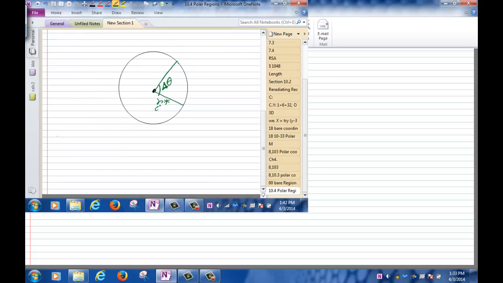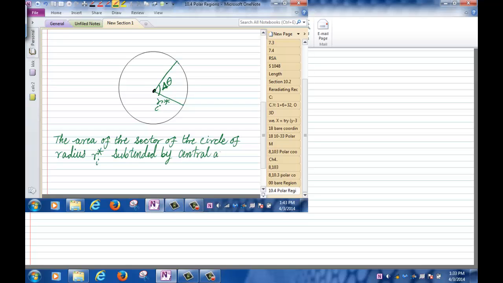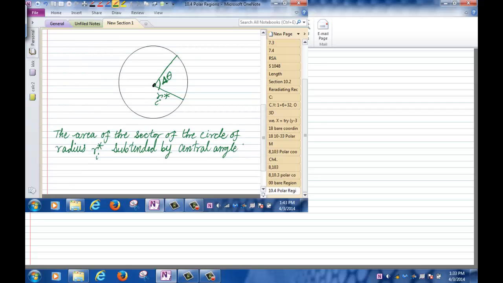What is the area of this sector? The area of the sector of the circle of radius r_i star subtended by the central angle delta theta.